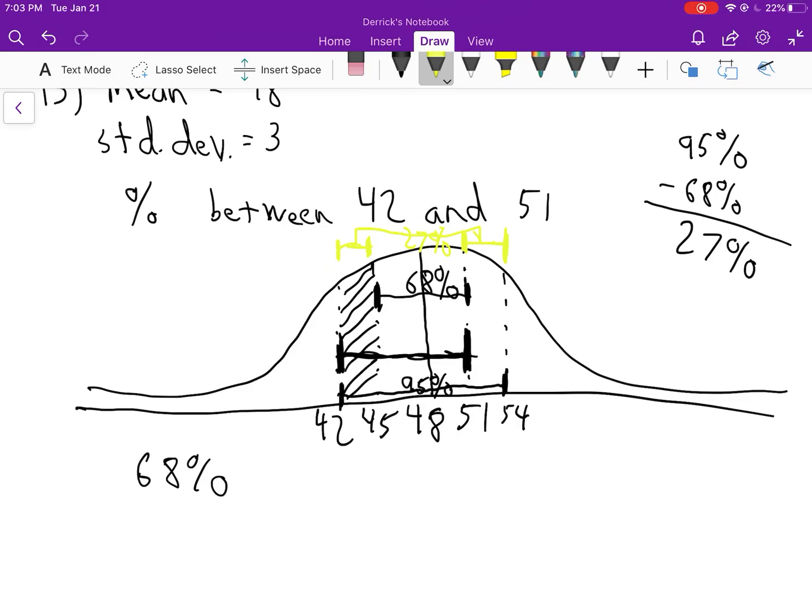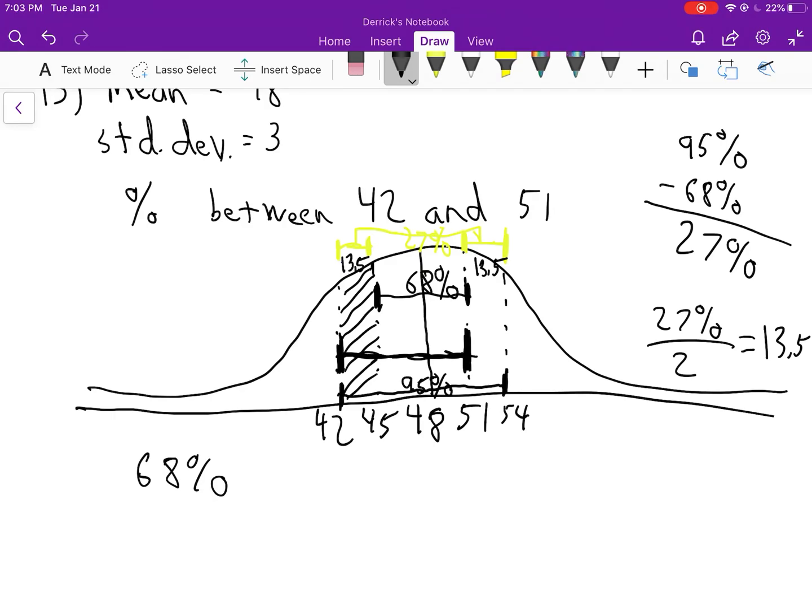I don't want both of those pieces though, because 51 to 54 is not something I care about. I only care about that little sliver from 42 to 45. But because it's normally distributed, it's symmetric, so I can take that 27% and divide it by 2. 27% divided by 2 gives us 13.5, which means each of these pieces here is 13.5%.